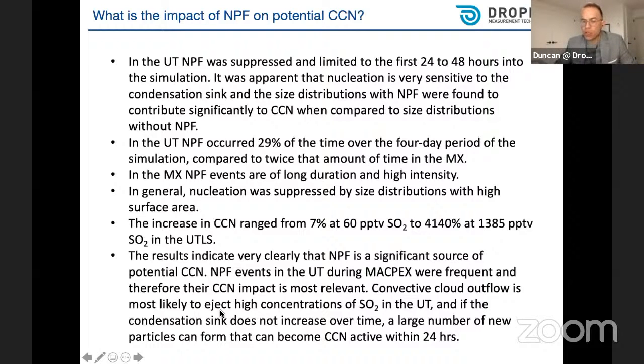Now, we did not measure that, but we measured CO. And the hypothesis here is that CO and SO2 are both originating from the boundary layer. So if the condensation sink does not increase over time, you could get CCN concentrations that are sufficiently high, and the size of the aerosol is sufficiently large for them to impact clouds.